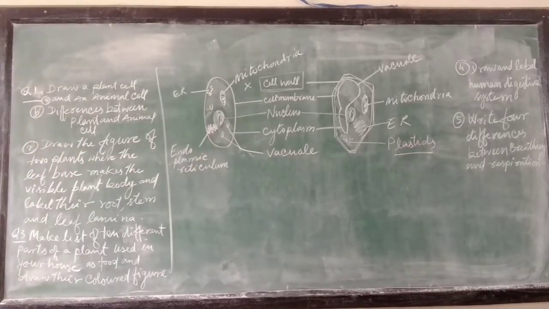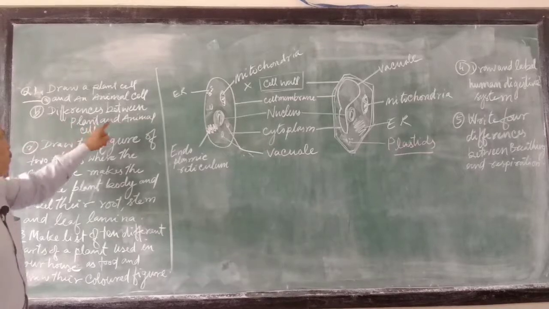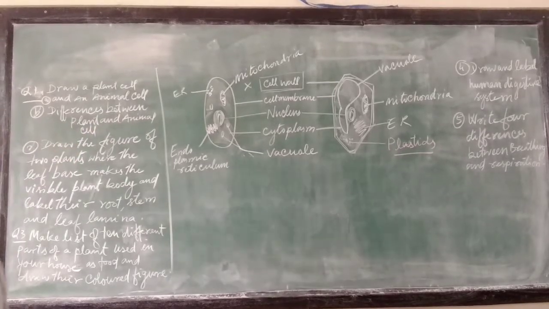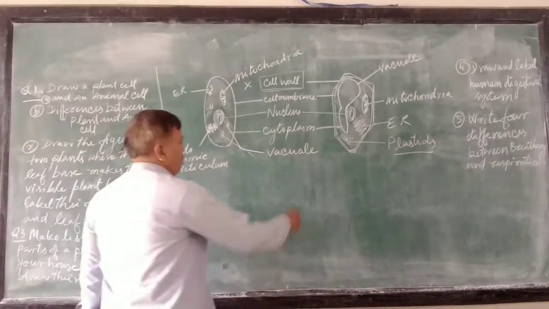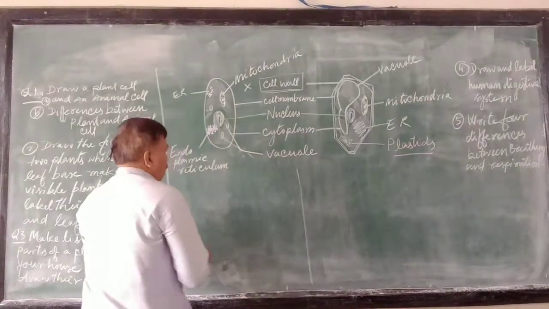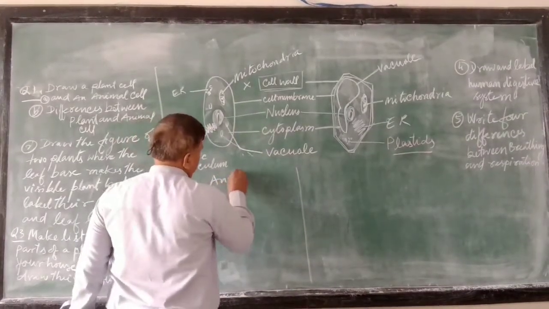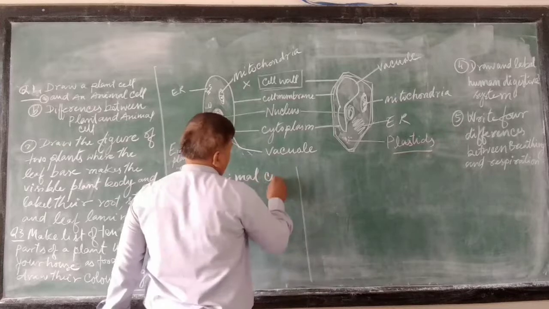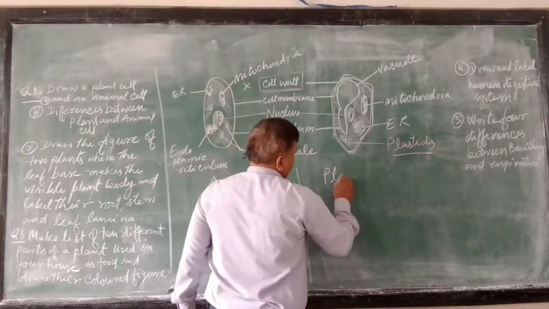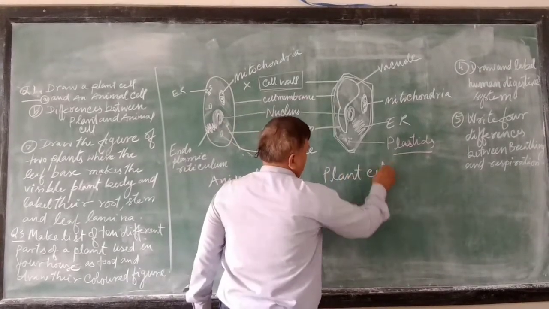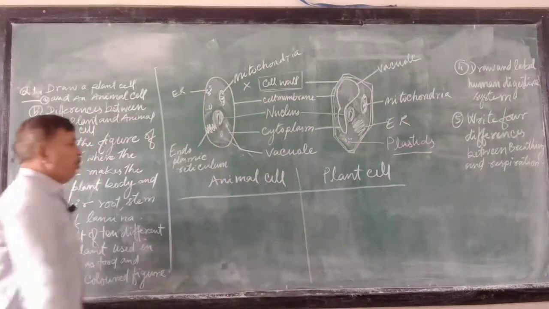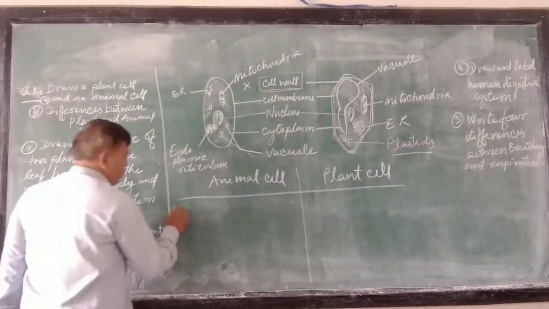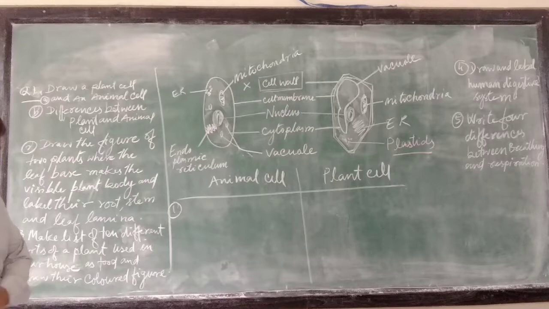This part is over. Now, the second question is to differentiate between plant cell and animal cell. Just below, you will draw a table and write animal cell and plant cell. The first one is animal cell.